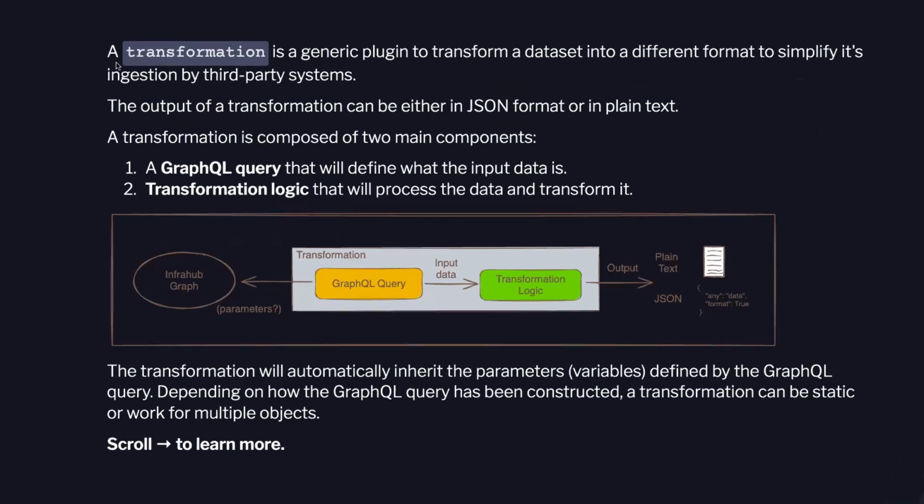So what are network artifacts? They're based on transformations. There are two types of transformations: Jinja transformations and Python transformations. A transformation really ties together the query with some logic to produce an output. In what we'll be showing today, there will be a GraphQL query, the output of that query will be passed to a Jinja template, and the Jinja template will render some configuration.